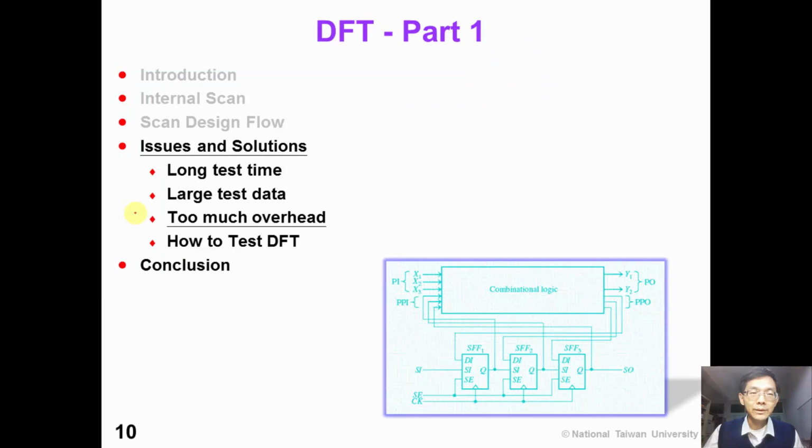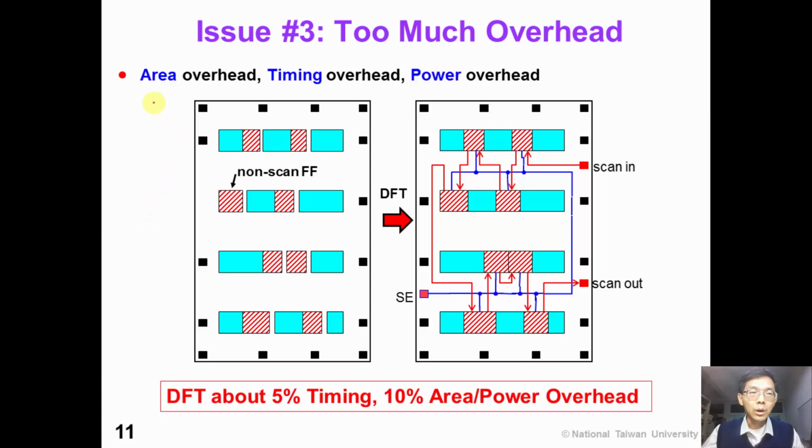Now let's look at the third issue, too much DFT overhead. When we talk about overhead, the first thing we think about is area overhead. On the left hand side, this figure shows a chip without DFT, and this rectangle represents a non-scan flip-flop.